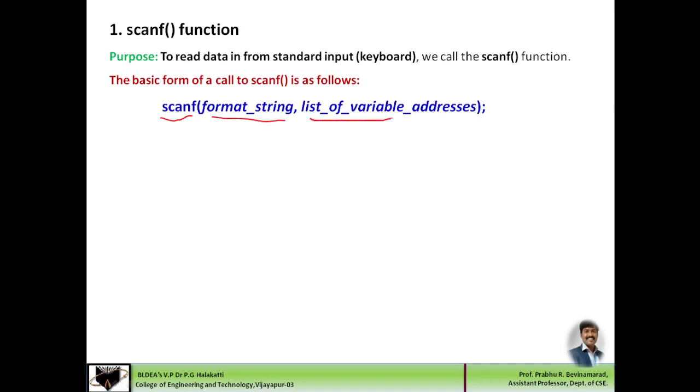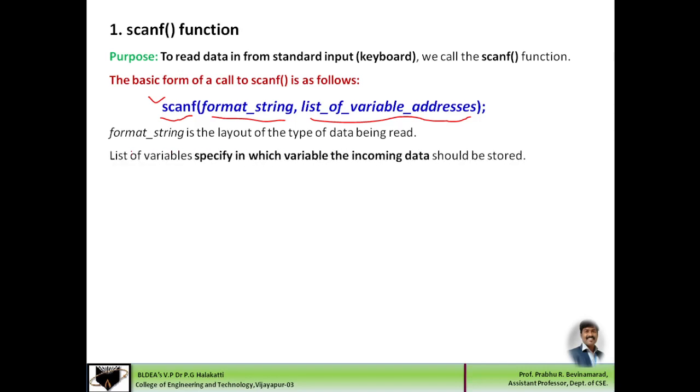After that we write a list of the variables with addresses, separated by commas. The format string specifies the layout of the type of the data being read from the keyboard, and the list of variables specifies in which variable the information we are taking from the keyboard will be stored.